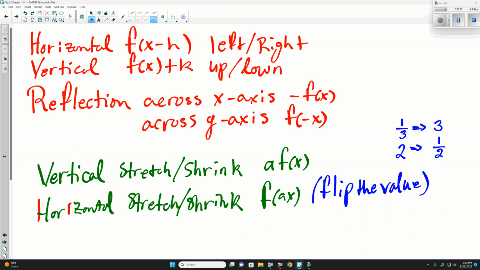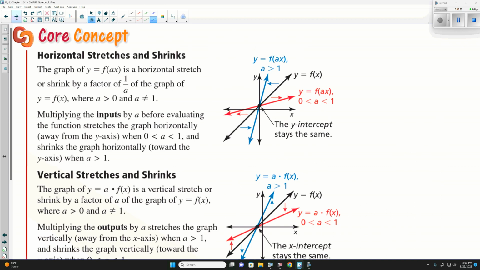And this is given to us in the descriptions, because for the top one, horizontal stretch or shrink, f of a times x, which we wrote on the previous slide, is a horizontal stretch or shrink by a factor of 1/a of the graph. So we have to flip it. We've got to do that 1/a. We have to flip the value to get our actual amount.